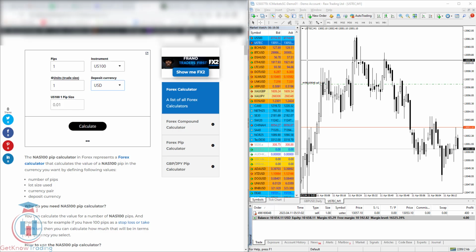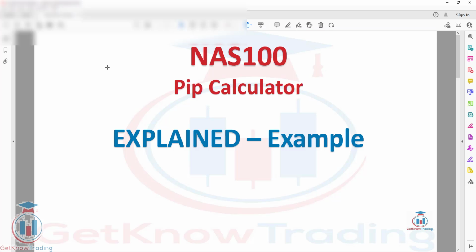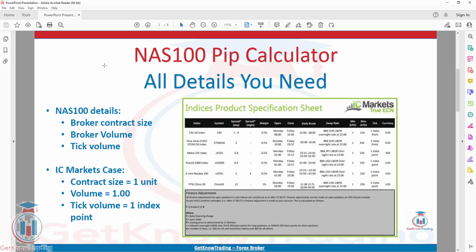Now let me show you more details about the Pip calculator, okay? Let's start from here. Here are the details that you need to know. So for example, for the NASDAQ100 details, you need to know what the broker contract size is. This is an example from IC Markets, the broker I am using. So pay attention that you need to check your broker and ask them.